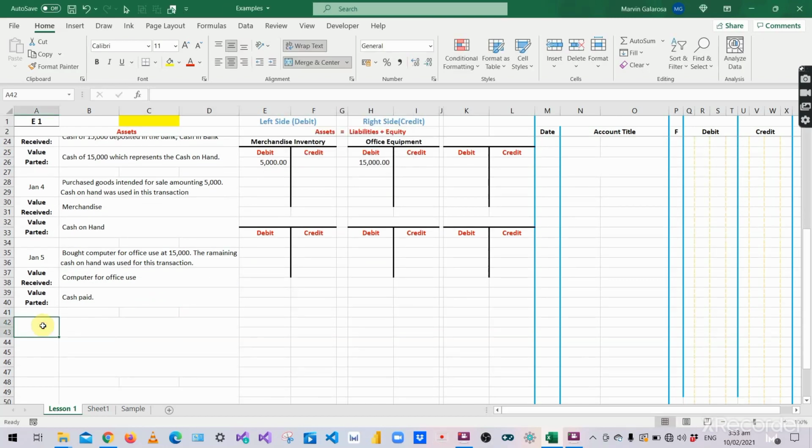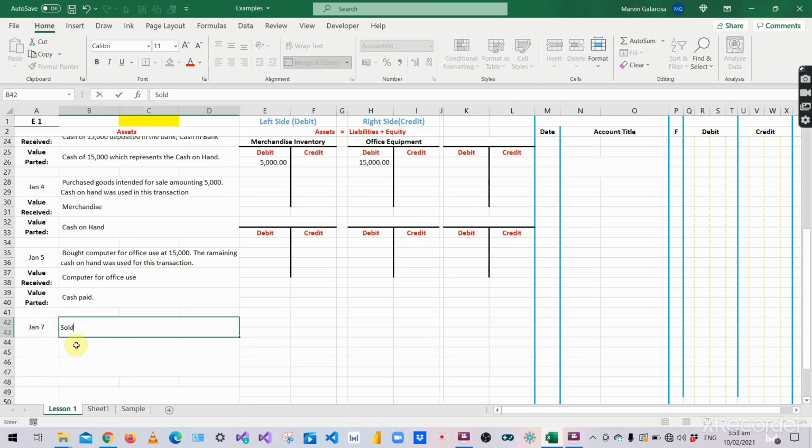Sunod na transaction, January 7. Sold goods for 4,000 pesos cash. Nilagyan pa natin siya ng information.